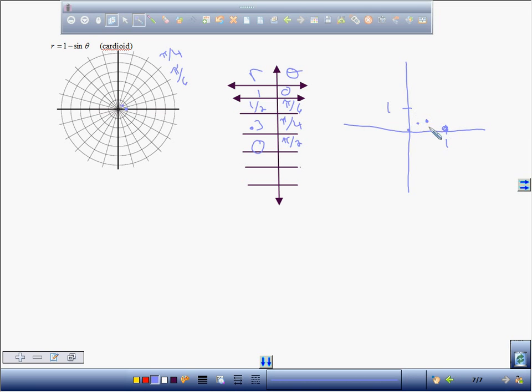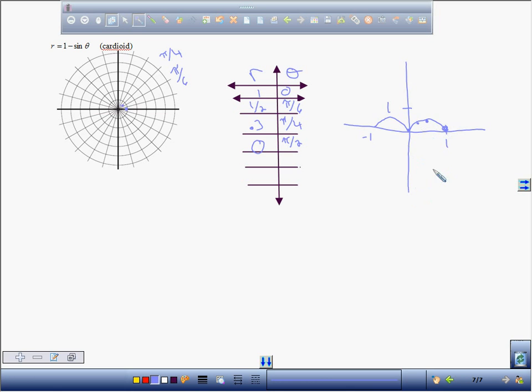So now what I have is part of my cardioid. Now, because this has symmetry, I can just sketch that it will go this way as well. But I need some points down here.